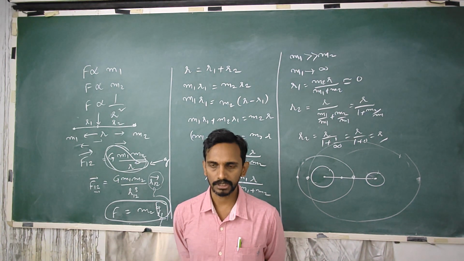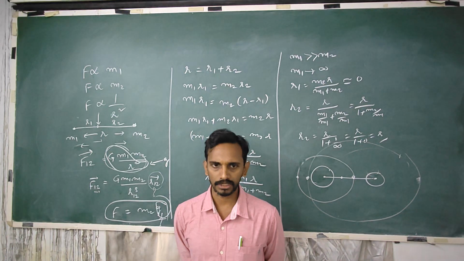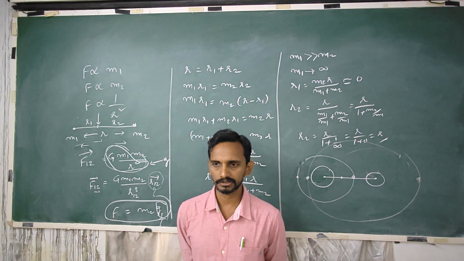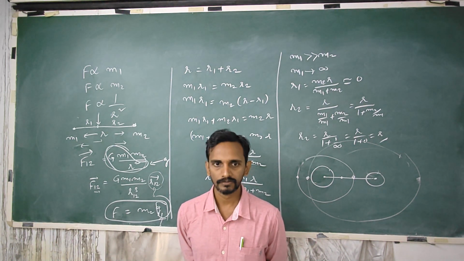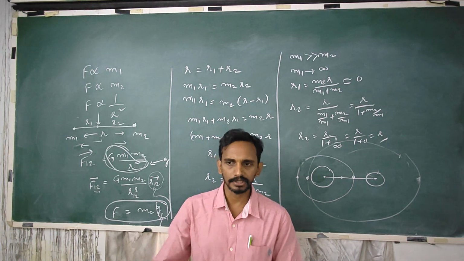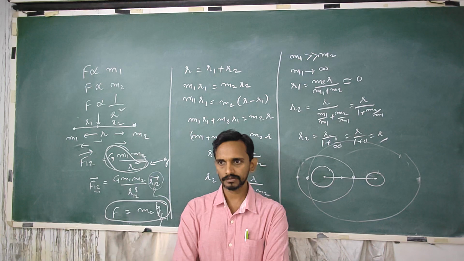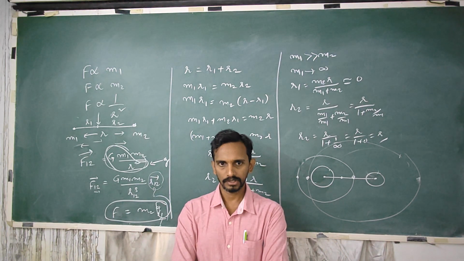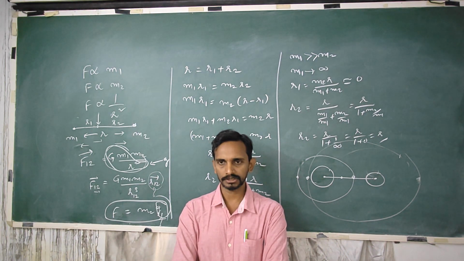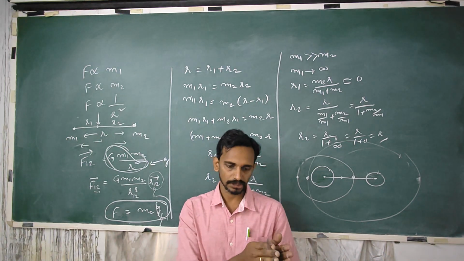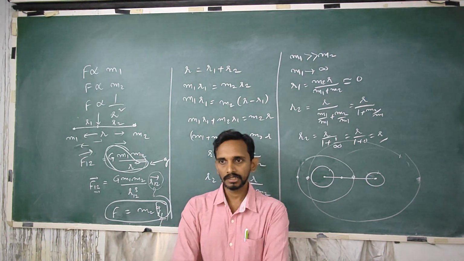So let's say for the Sun and Mars system, the center of mass lies within the Sun. So the orbit of Mars may be mostly circular, whereas for Jupiter, the mass is heavier and comparable, and the center of mass is outside the Sun.